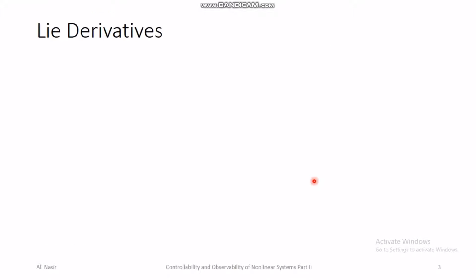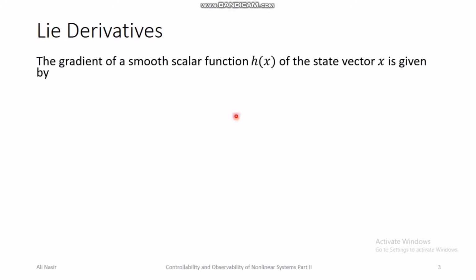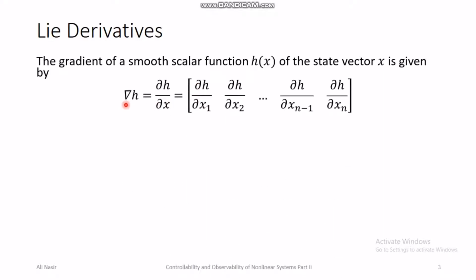For nonlinear systems, we need to discuss the concept of Lie derivatives, and for the concept of Lie derivatives, we first need to revise the concept of gradient. So the gradient of a smooth scalar function h of a vector x is given by del h, which is partial h by partial x.